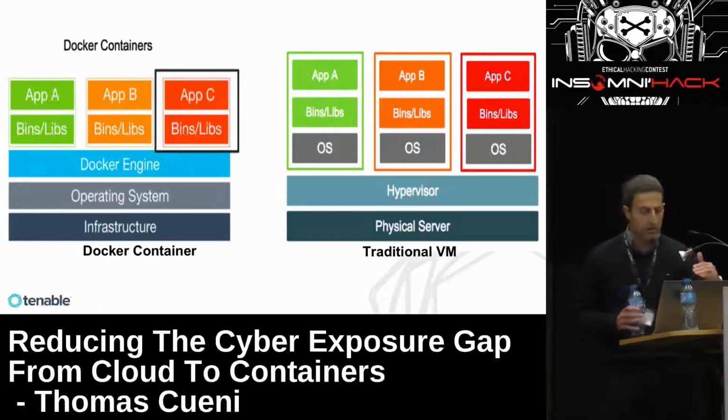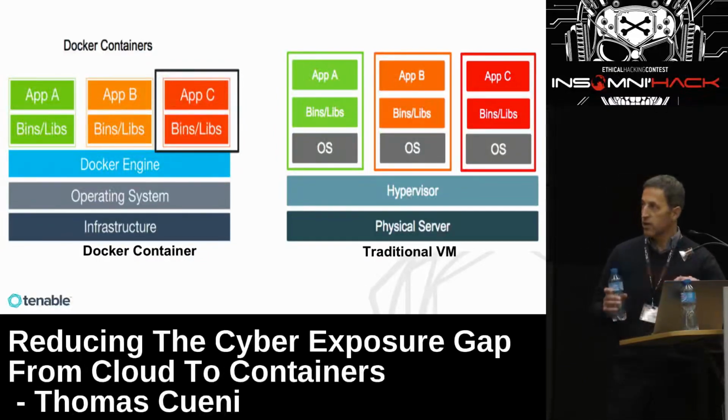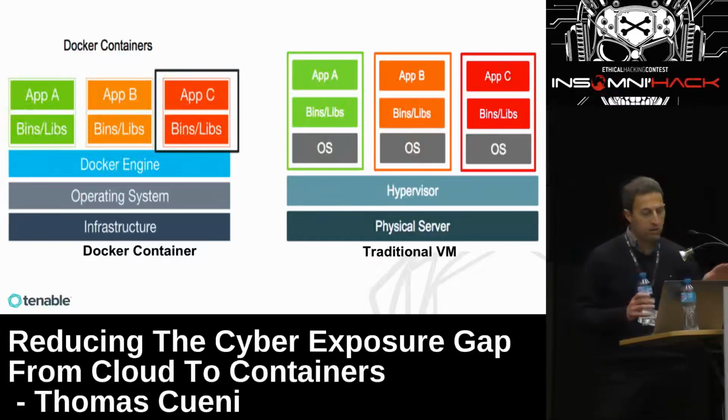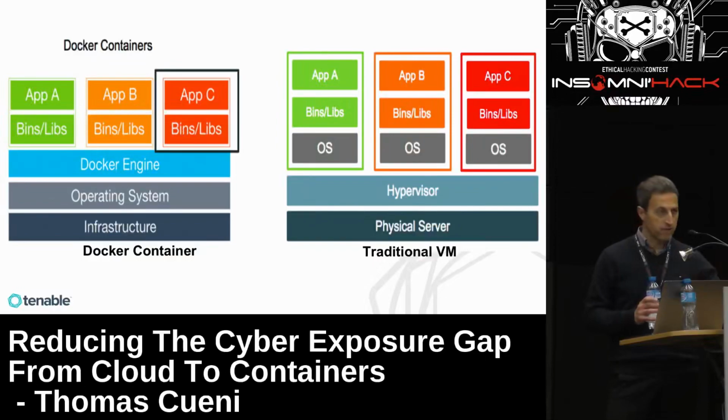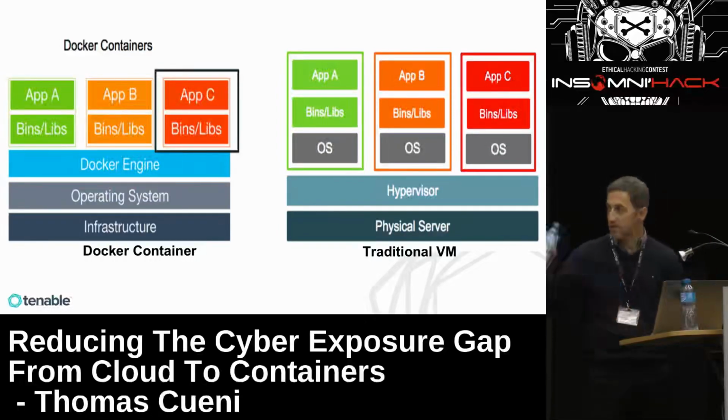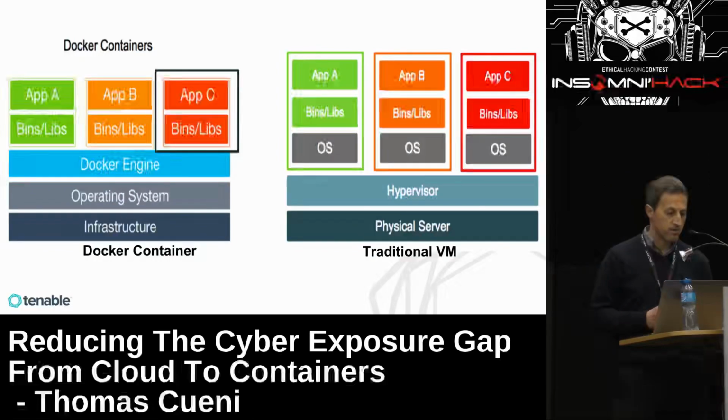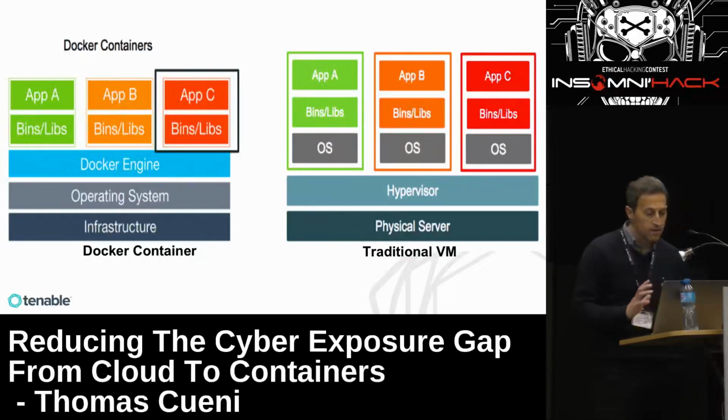You still have a server on which you have the Docker engine running, and then on that Docker engine you have the different containers which share the kernel and the operating system that is present on the physical server. So this is not multiplied as with the virtual machines, which means it's much more efficient because containers are much smaller.